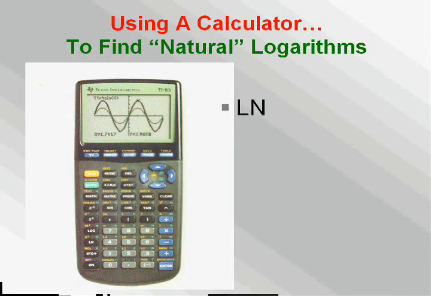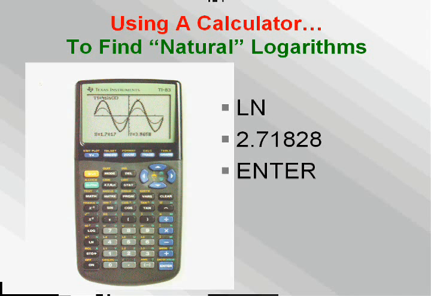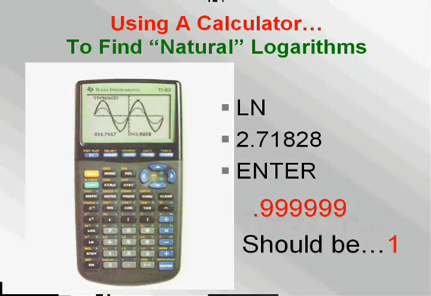So if you hit ln, or natural logarithm, of 2.71828, why did I pick that? What's the exponent you need to raise that to using a base of e? If you hit enter, we'll basically get 1, won't we? Because that is e. Hopefully you understand that the common logarithm uses a base of 10 and the natural logarithm uses a base of e, which is 2.7 something.